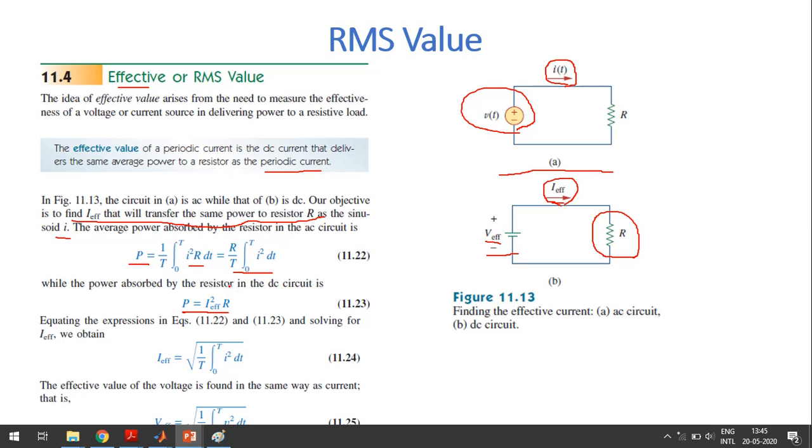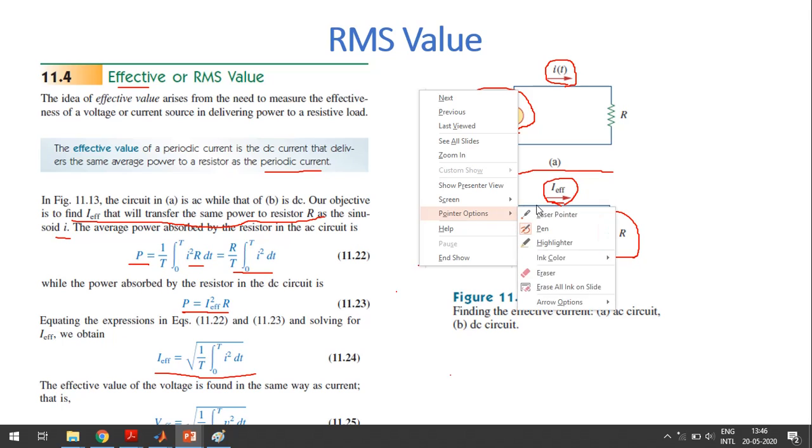Now we equate these two and find the value of I effective. The R terms get cancelled. So I effective equals the square root of 1 by T integral from 0 to T of i squared dt.